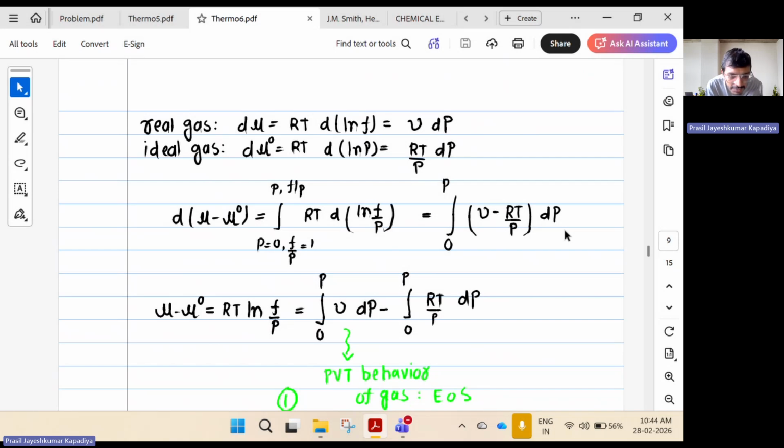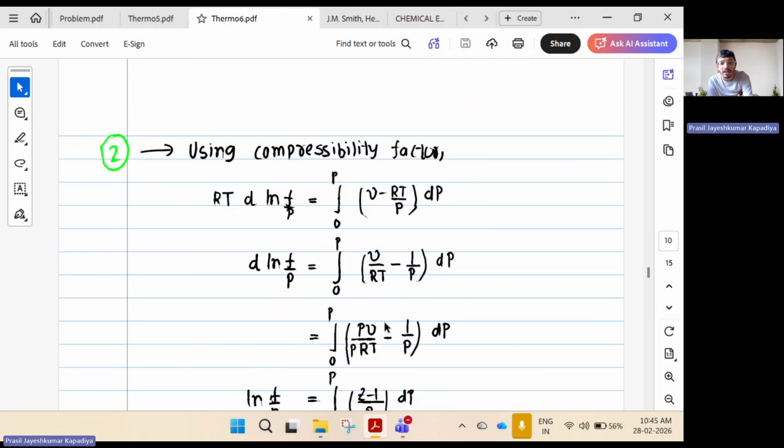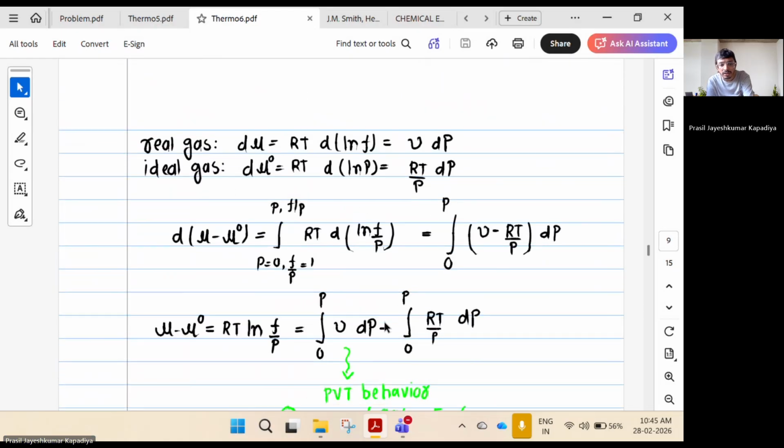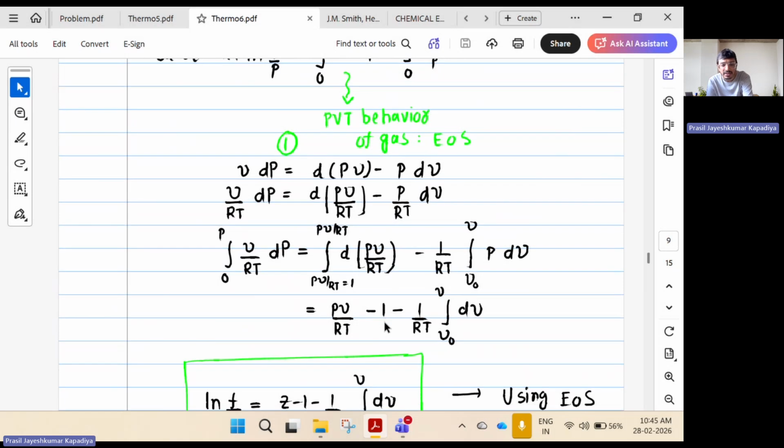Okay, so I can write mu minus mu0 is equal to RT into ln F by P, which is equal to integration. So here mu is also related and F is also related. So I can write it down as integration 0 to P VdP minus integration 0 to P RT by P dP. So what is this VdP term saying? VdP term is saying that we need to know the PVT behavior of gas.